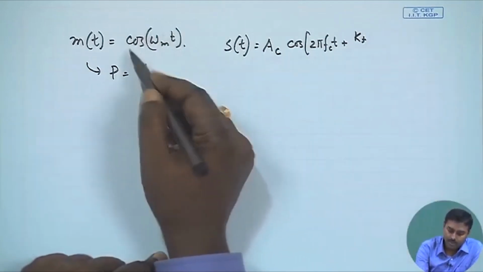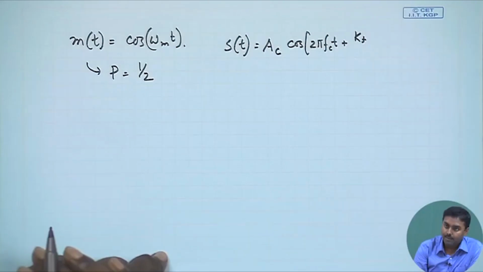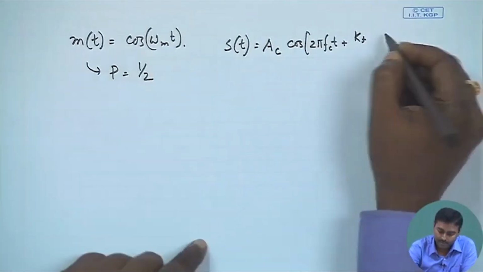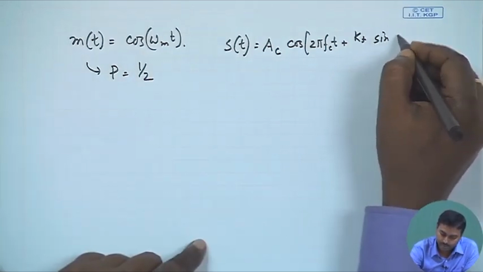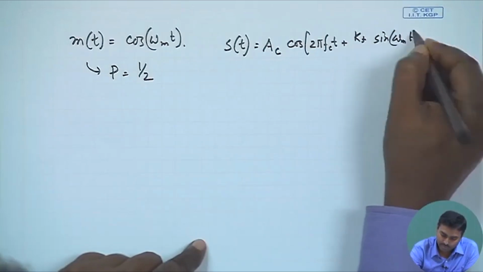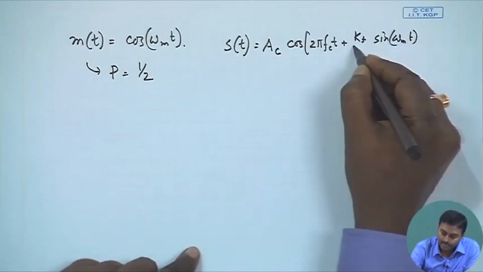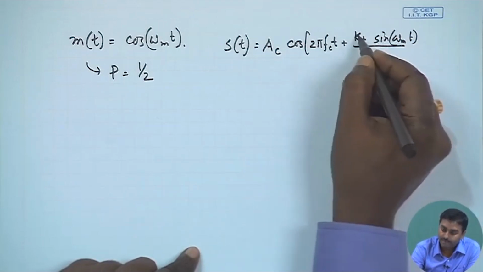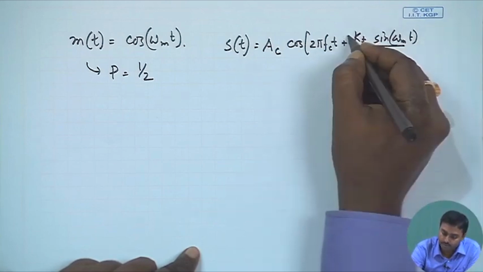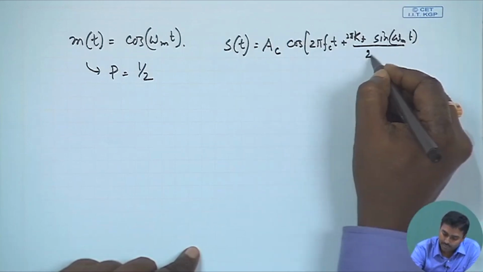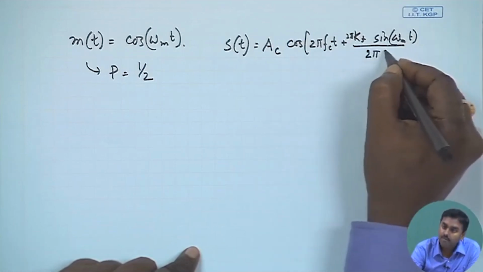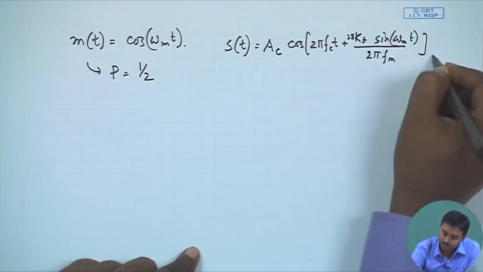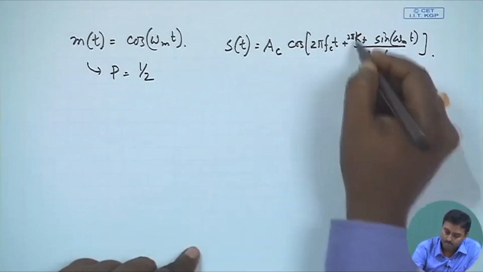So, if I just do an integration, what will happen? If I do integration, that should be sin omega_m t inside divided by omega_m. Now, if Kf is represented in frequency, so that must have 2 pi. So, I can here also write 2 pi f_m, 2 pi gets cancelled.